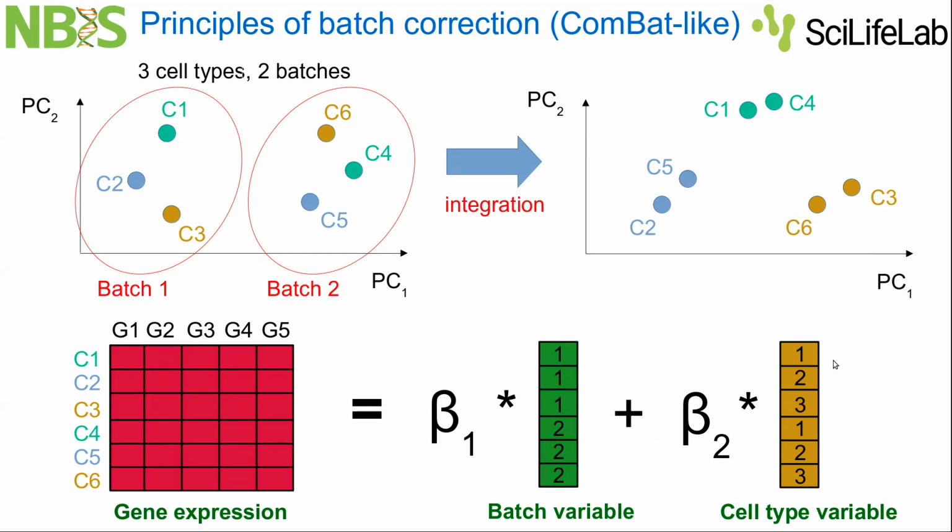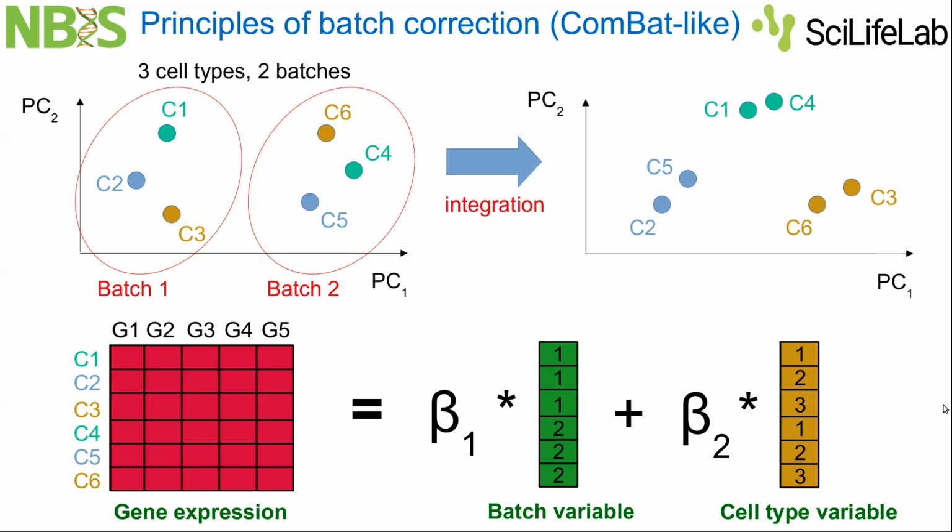And for the cell type, I'm saying that cells number 1 and 4 belong to the same cell type, and cells number 2 and 5 maybe belong to the second cell type, etc. This is what the coding in this vector means.